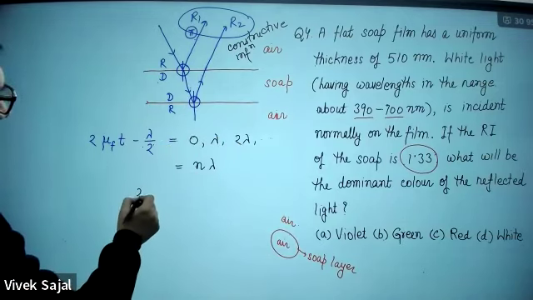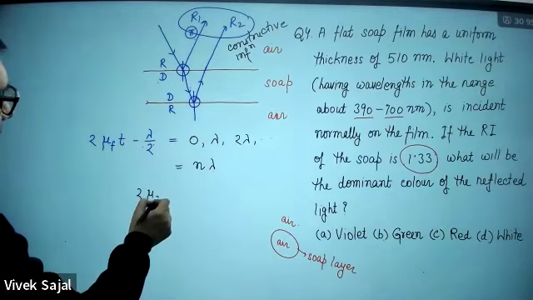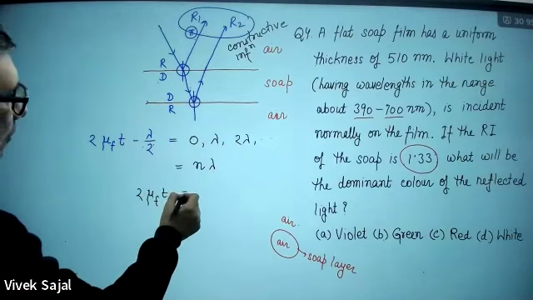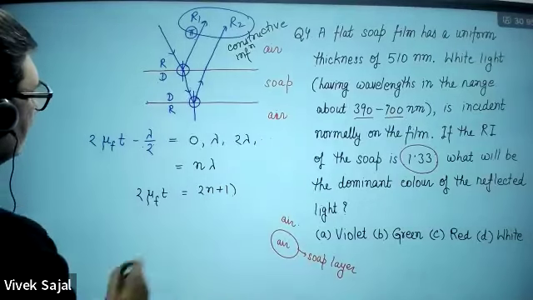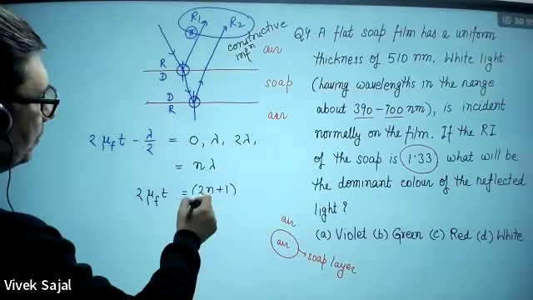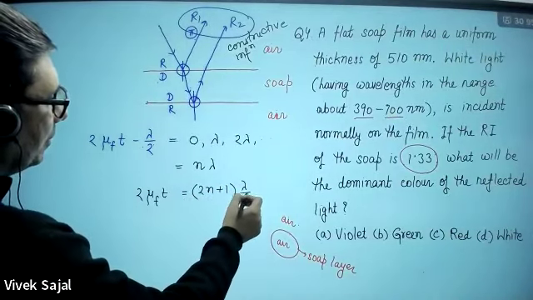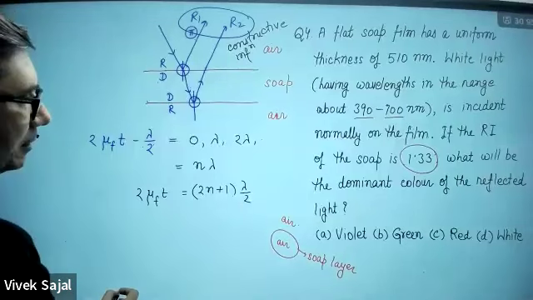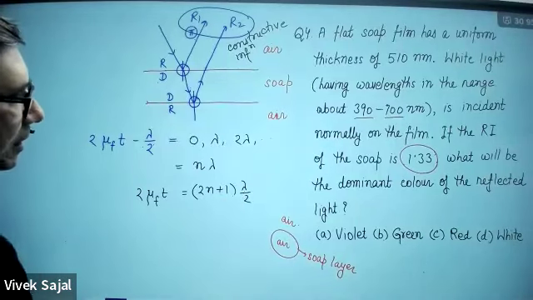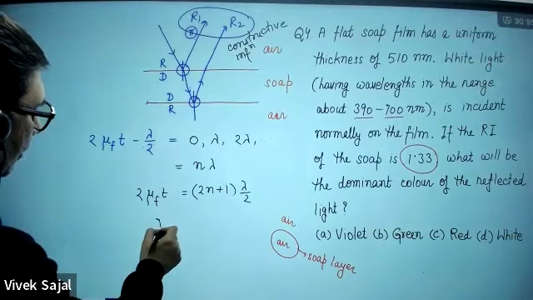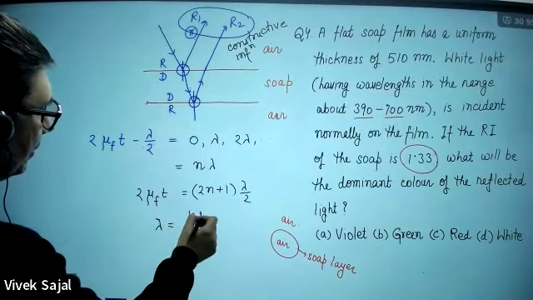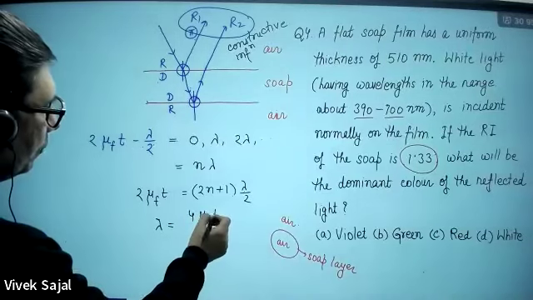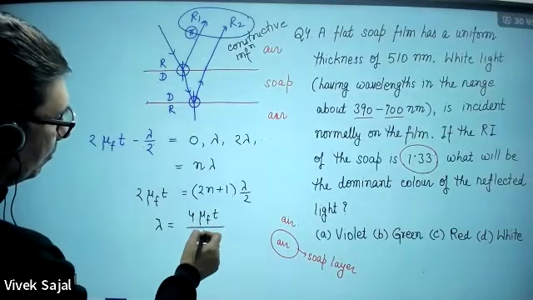So 2 mu f t, this will be 2n plus 1 times lambda by 2. Now from here I can find out lambda. So lambda will be 4 times mu f t upon 2n plus 1.